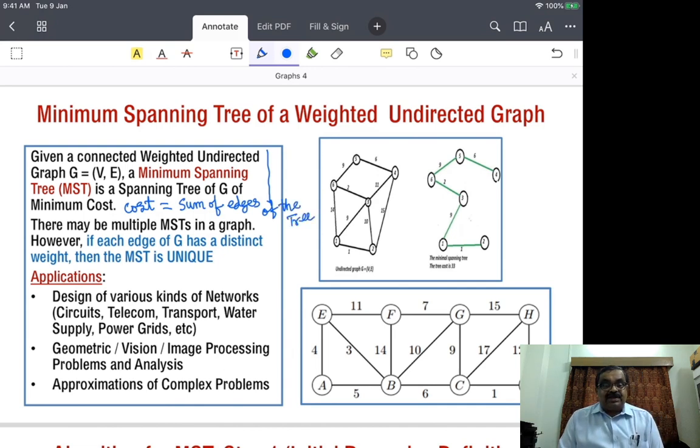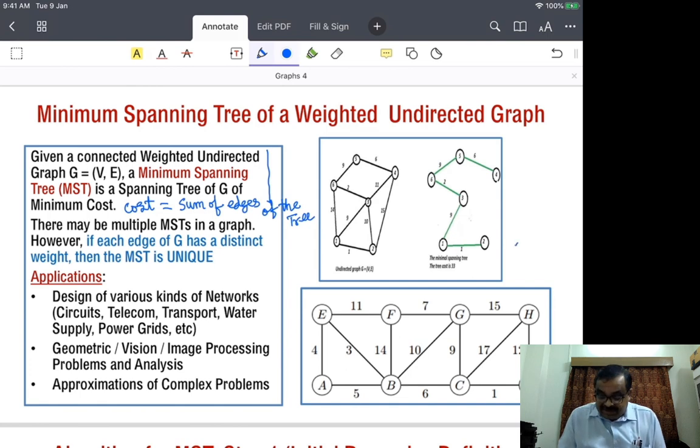As we have said, there may be multiple minimum spanning trees also, but all of them will have the same identical cost. There's a very interesting property. The interesting property is that if the edge weights of a graph are unique, then the minimum cost spanning tree is also unique.